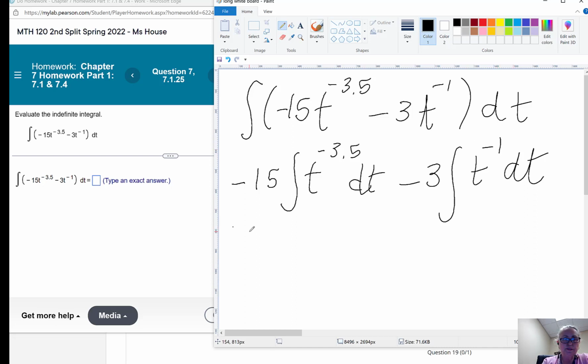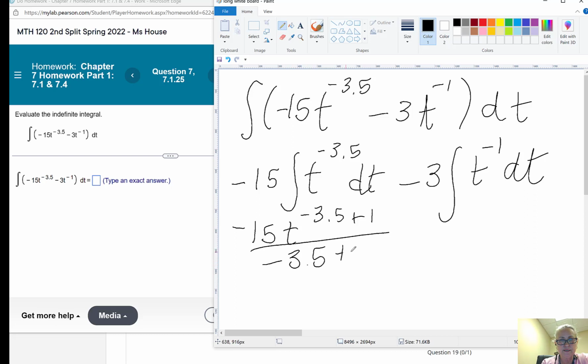So this is going to be negative 15 t to the negative 3.5 plus 1. That's the power rule. We add 1 and divide by the same new exponent, negative 3.5 plus 1. Subtract 3, and the derivative of the natural log is 1 over t.